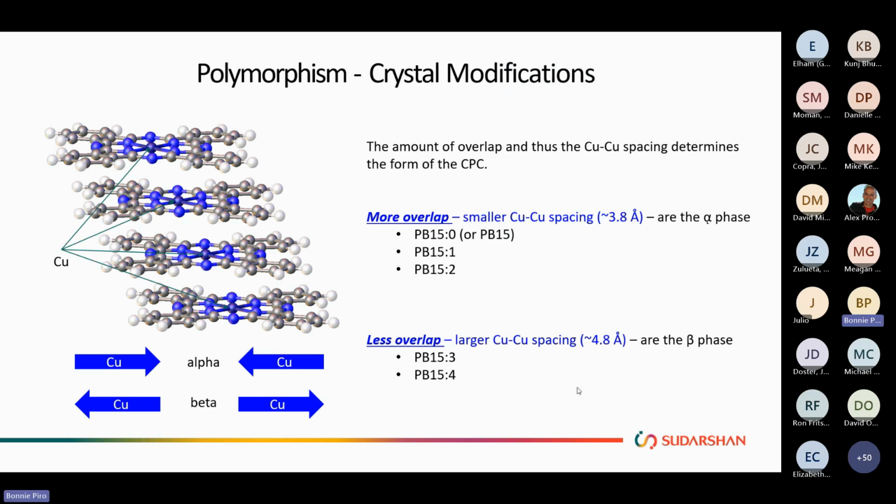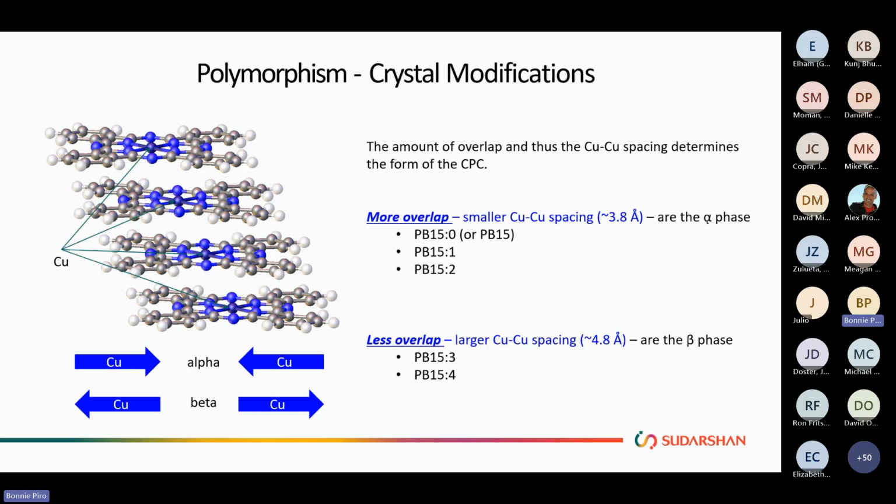Alpha and beta are other words for polymorphism, or the crystal modifications. The key difference between the alphas and the betas is the overlap distance between the copper atoms in the crystal.